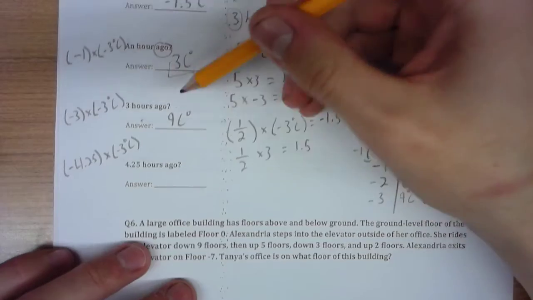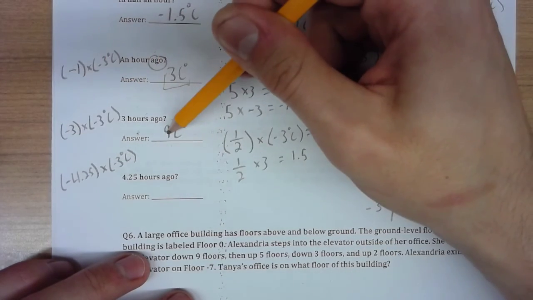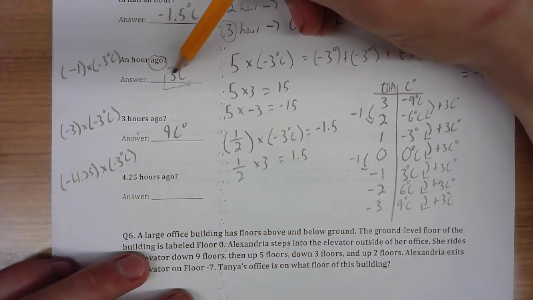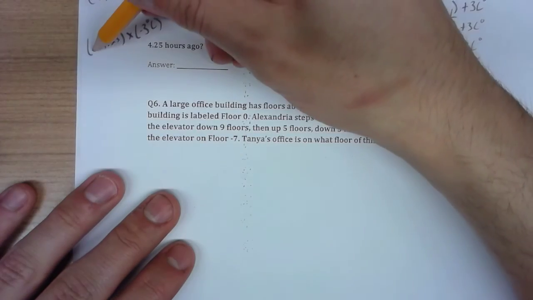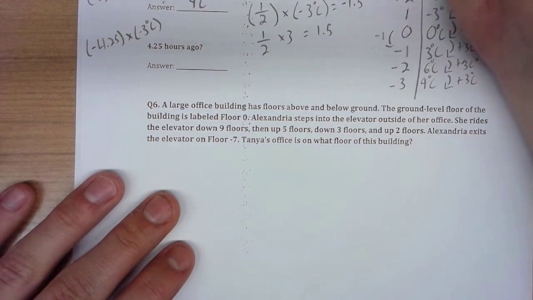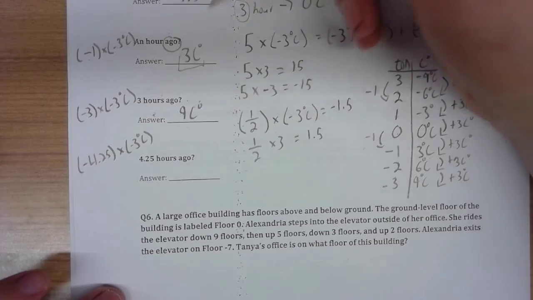So in all of these problems, we did a negative 3 times a negative 3, and that got us a positive 9. A negative 1 times a negative 3, that got us a positive 3. So we know that this negative 4.25 times a negative 3 is going to yield us a positive number, the way that we had it in here, right?